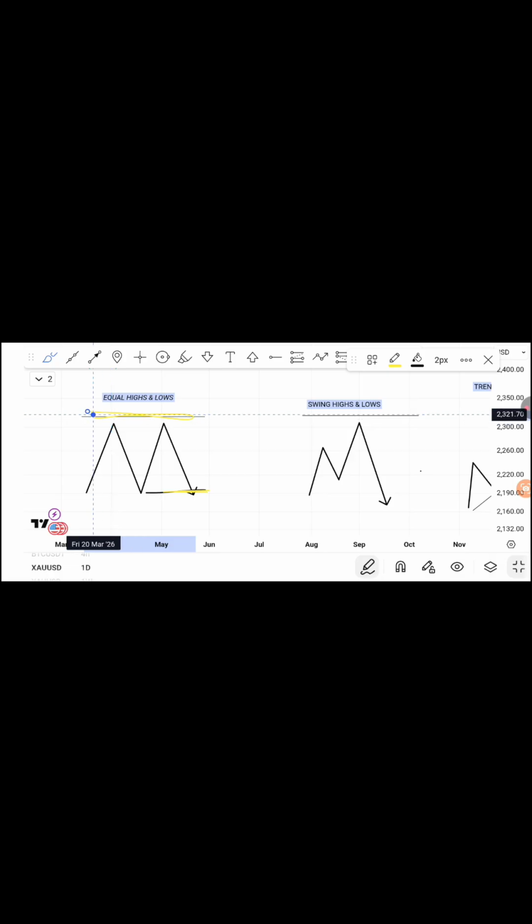Also, those that are planning to go in for buys will be placing their buy orders, thinking that when price breaks this level the market is going to continue, right? So what smart money will do is, for those that sold here and placed their stop losses above these equal highs, right?